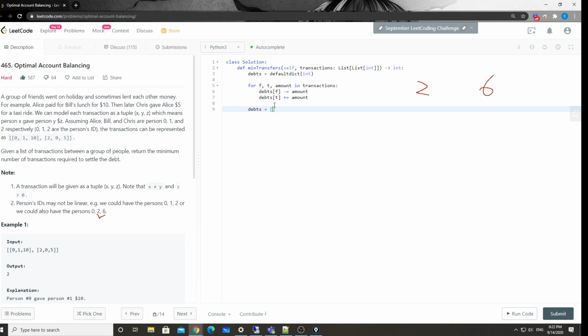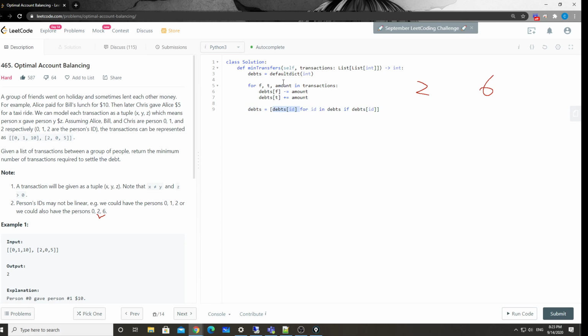That's a person's ID. For ID in debts, if the debt is not 0, basically that's how it works.